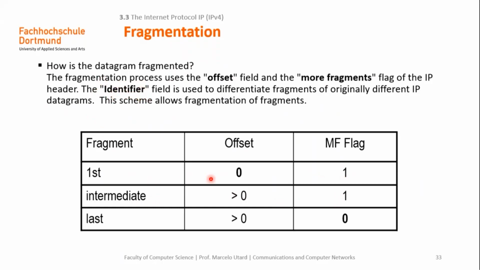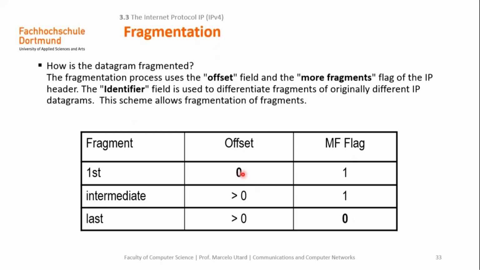For instance, if a datagram has an offset of zero and more fragment of 0, it means that in fact that datagram has not been fragmented, neither at the source nor at any intermediate router.